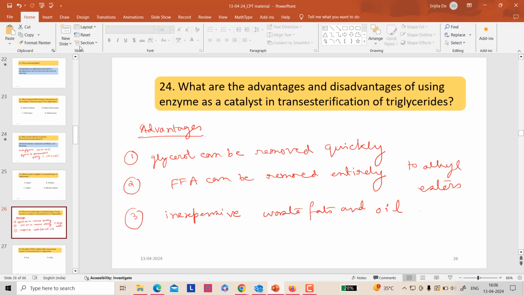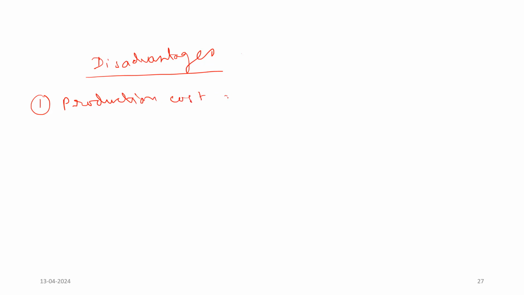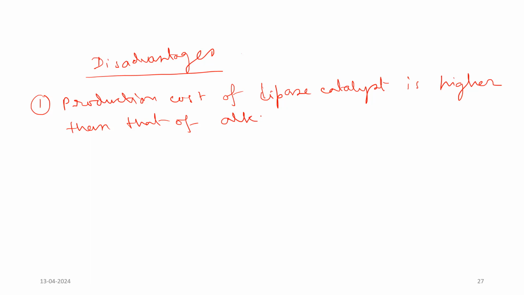Now, what are the disadvantages? The production cost of lipase catalyst is higher than that of alkaline catalyst.